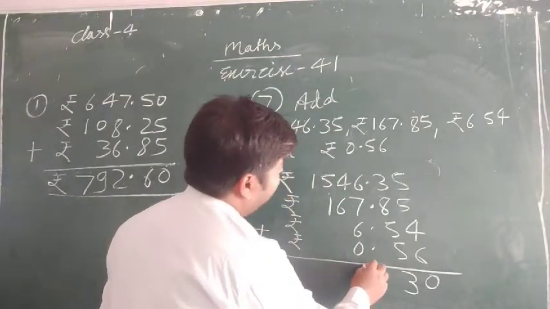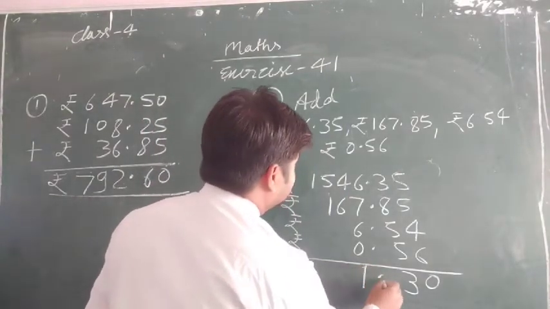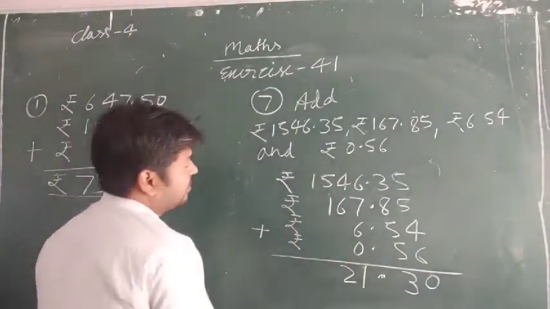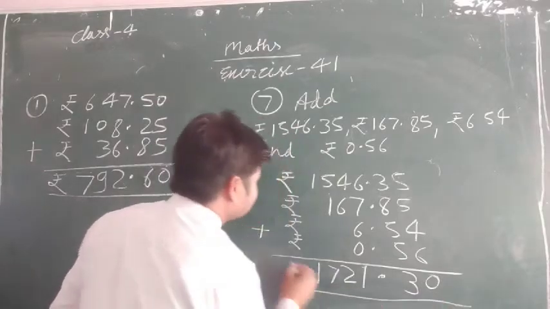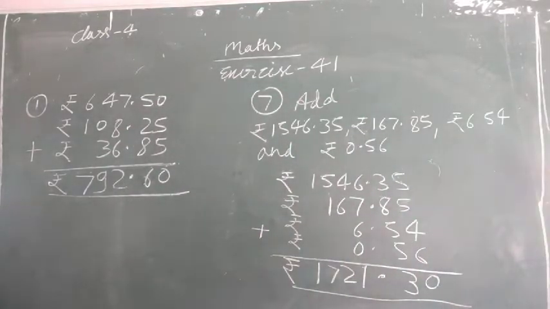So 21 means 1 and 2 carry there. 6, 4, 10, 12, 5, 1, 6, 1, 7. So this is your answer, rupees 1721.30. Okay.